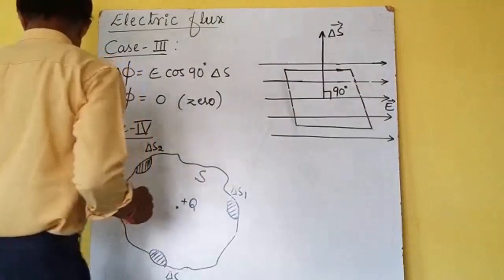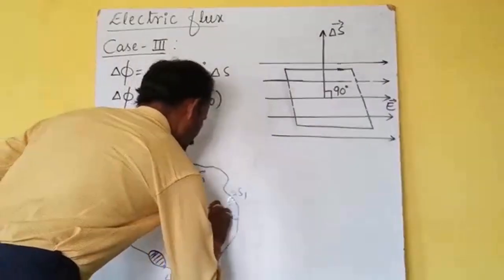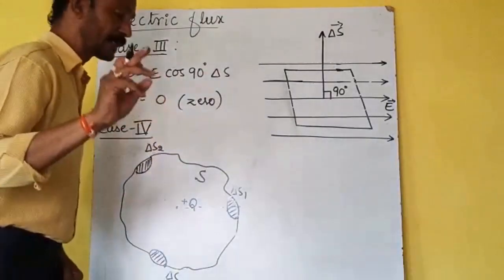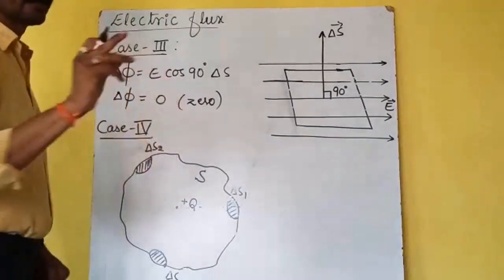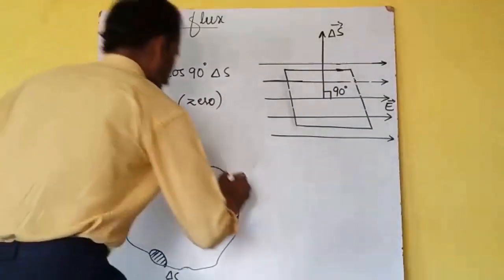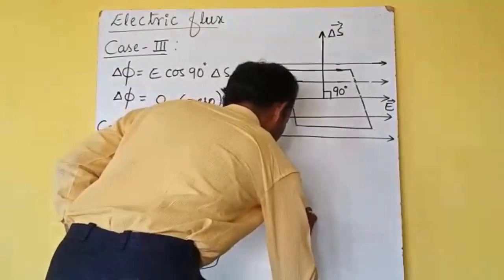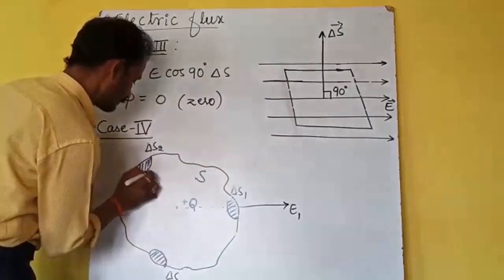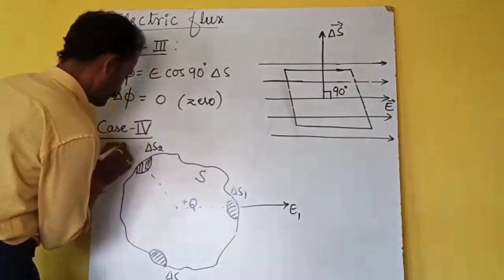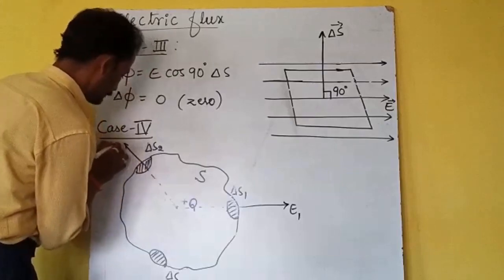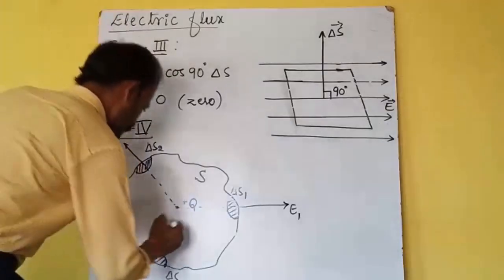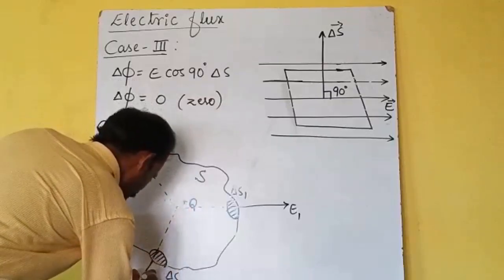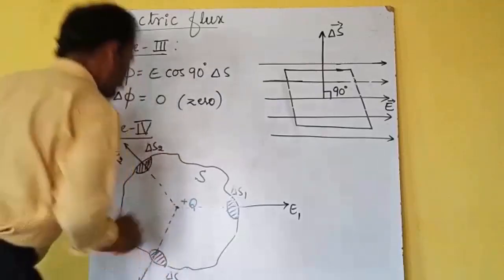Now through these small area elements, the electric intensities are E1, E2, and so on, En respectively. Take down, this is E1, E2, E3, and so on.